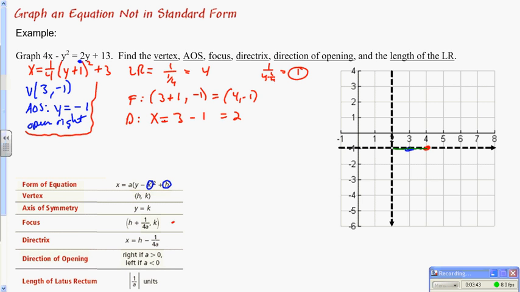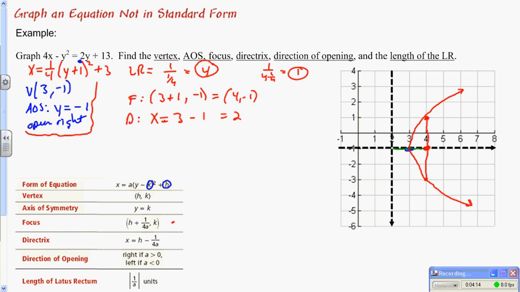Okay? So now we have that LR, which is 4, goes through the focus. It's 4 units long, so 2 units on each side. And then that is our parabola. So it opens to the right.